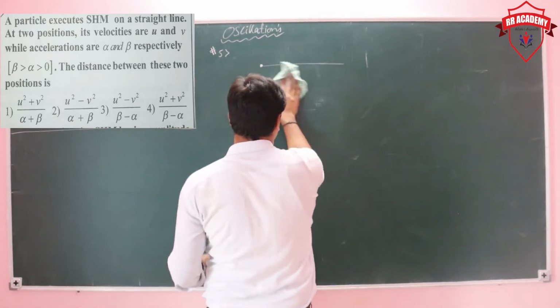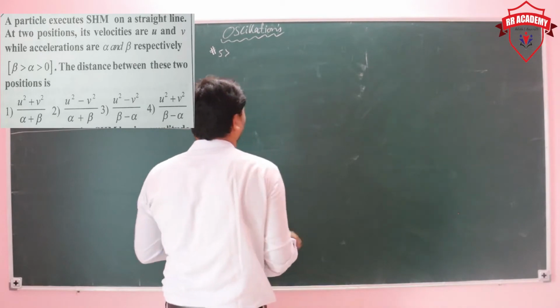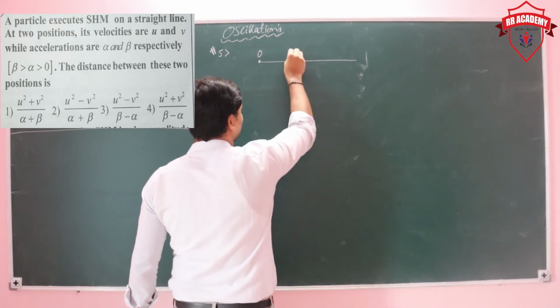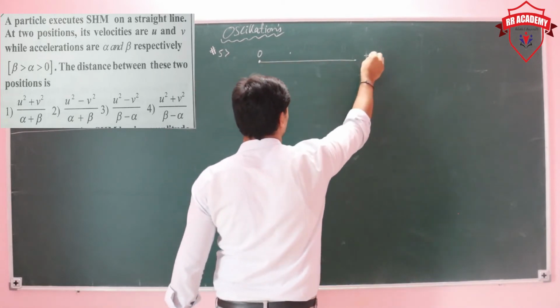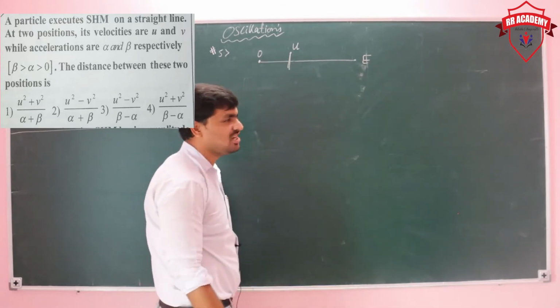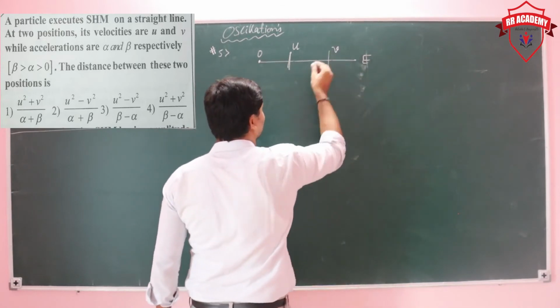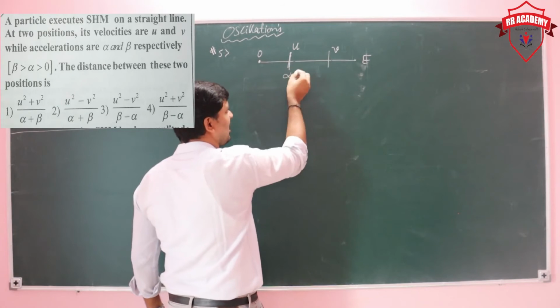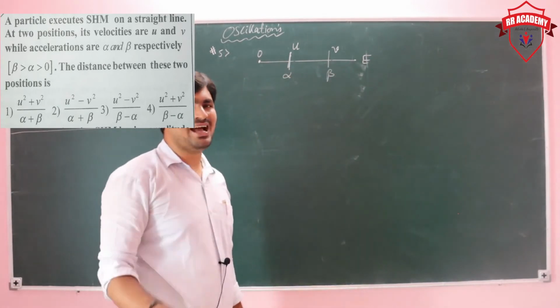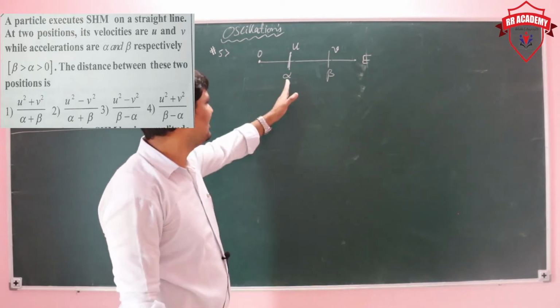Now see the situation. In a straight line, you can take both on the same side of the mean position. This is velocity u, and this I am considering velocity v. At velocity u, acceleration alpha; at velocity v, acceleration beta. You may ask, sir, why are you considering this as u?